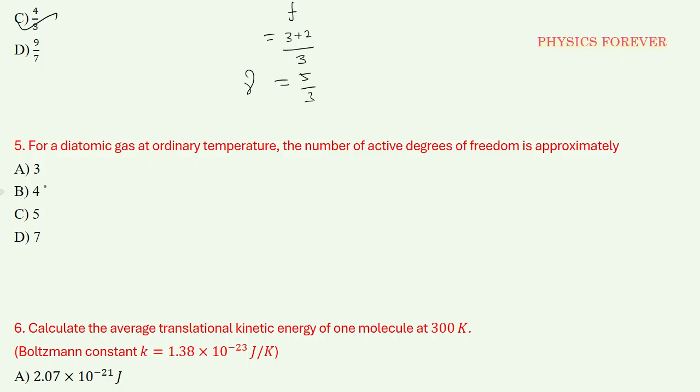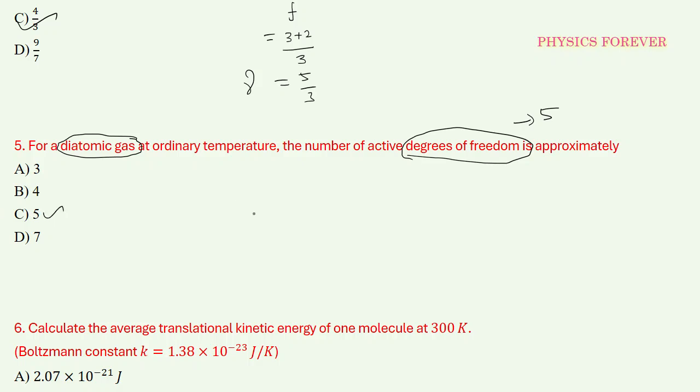For a diatomic gas at ordinary temperature, the number of active degrees of freedom is approximately, here diatomic gases. For monatomic gases the degree of freedom was 3, but for diatomic gases the degree of freedom is 5. Here option C is correct.